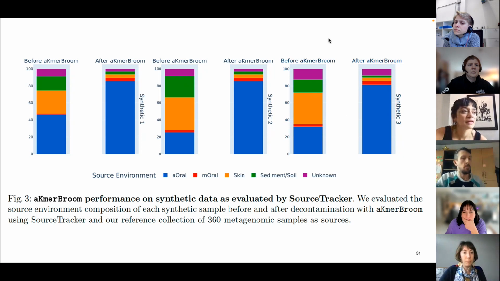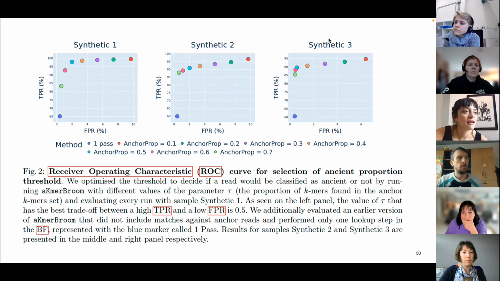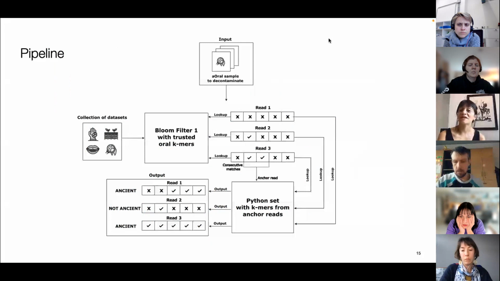Okay, so as I said, the Bloom filter is a very efficient and fast data structure. It has been implemented in many languages and is quite old, so we started off with that. We started with one lookup of the Bloom filter. The Bloom filter has a false positive rate that can be controlled, and one of the ways we implemented to control that false positive rate was adding a second round of lookups.